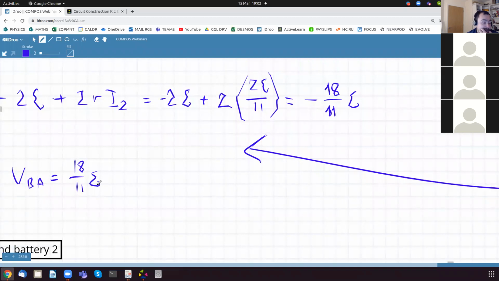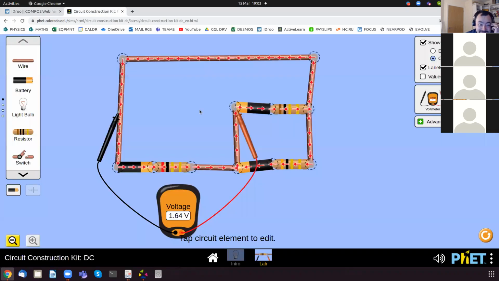So the voltage is going to be 18 over 11 times 1, which is 18 over 11, which is 1.64 volts. So my answer is definitely correct.